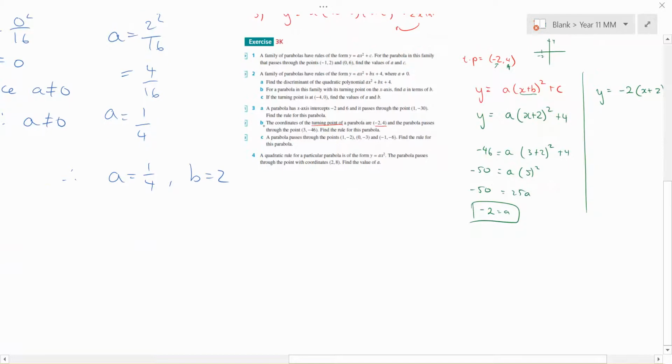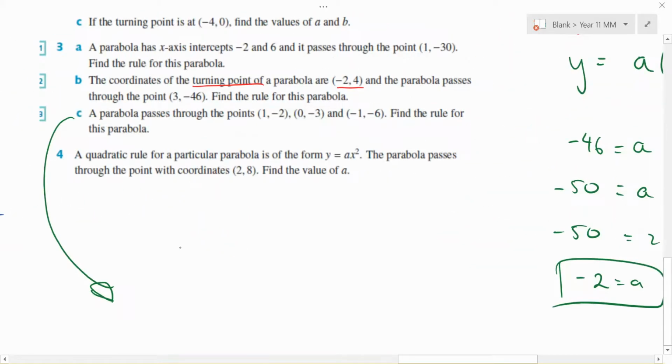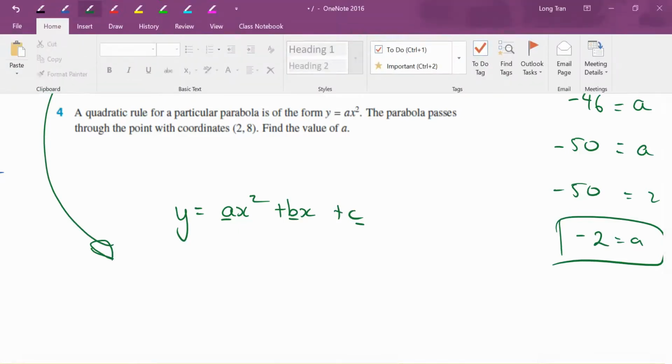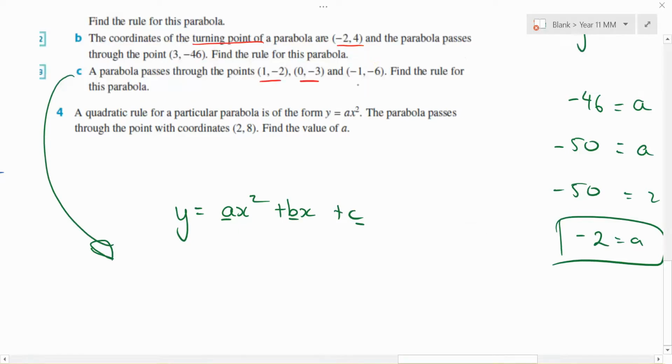Now to do question 3c, it's really just substitution. The form that we're choosing is y equals ax squared plus bx plus c. This is because there are 3 unknowns, a, b, and c. That's what you have to solve. You need 3 pieces of information, which they've given you. They've given you 3 coordinates.